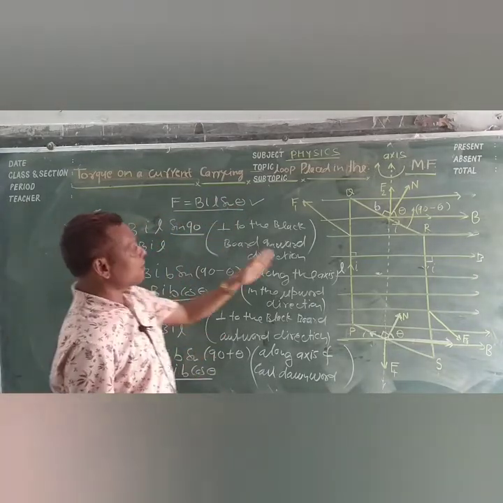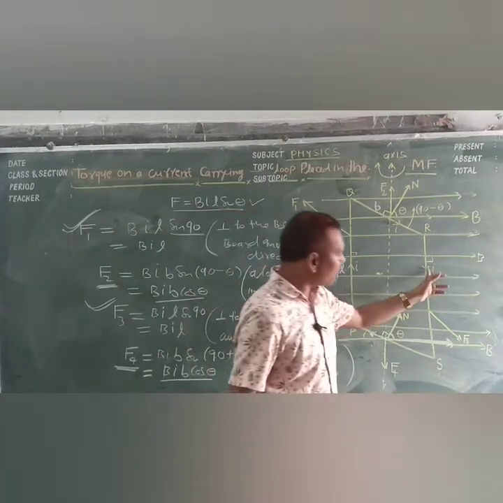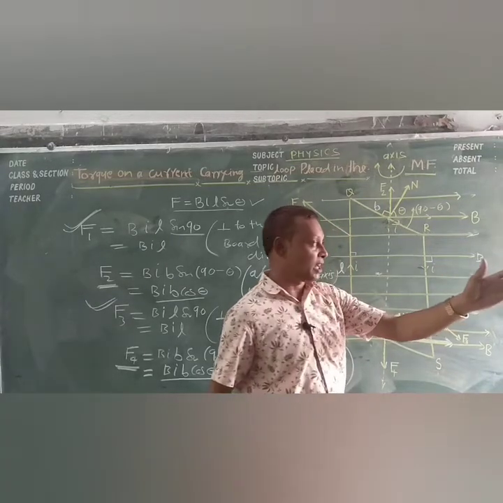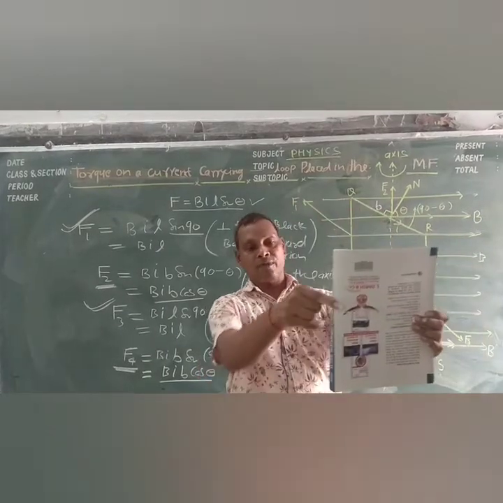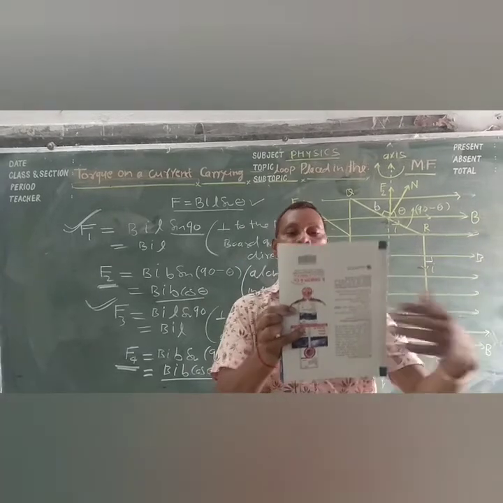F1 is perpendicular to the blackboard in the inward direction and F3 is perpendicular to the blackboard in the outward direction. Suppose this is your coil, so F1 inward direction, F3 outward direction.